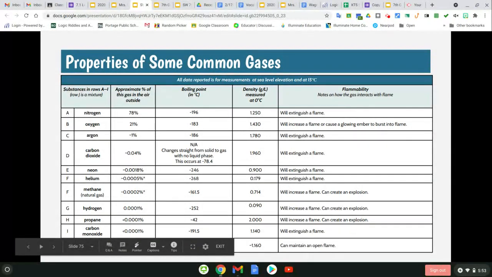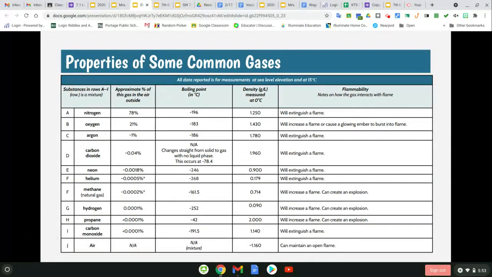It will extinguish a flame. So if we look at something like methane, methane has a density less than air, and it does not extinguish a flame. In fact, it will increase a flame. It can create an explosion. So methane, just by looking at these two properties, cannot be the gas in the bath bomb. It doesn't have the right properties.